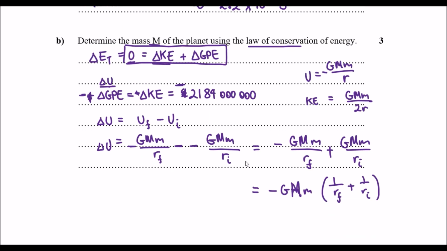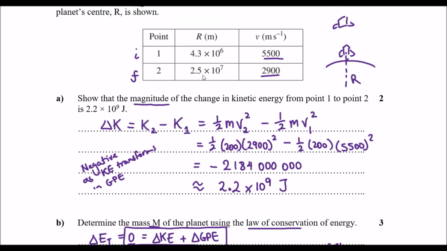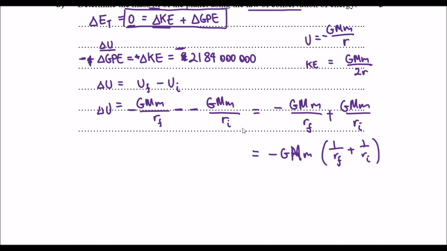All right. So the final radius in this case here is 2.5 times 10 to the power of 7, and the initial radius is 4.3 times 10 to the power of 6. It's quite a lot of working out here. So let's just write the number over here.